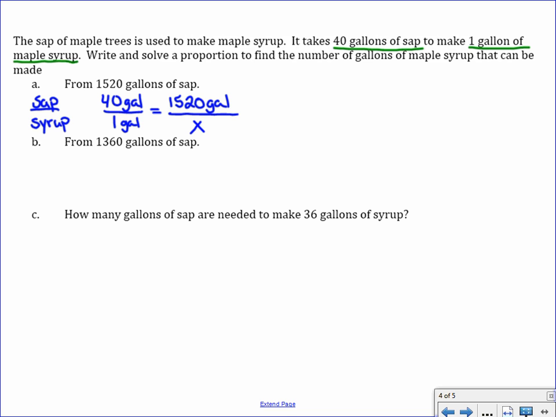However, I do know that I can go backwards from that and divide. 1,520 divided by 40 gets me 38. So if I take 40 times 38, I get the 1,520. So if I take 1 gallon of syrup times 38, I find out that x is equal to 38 gallons of syrup.